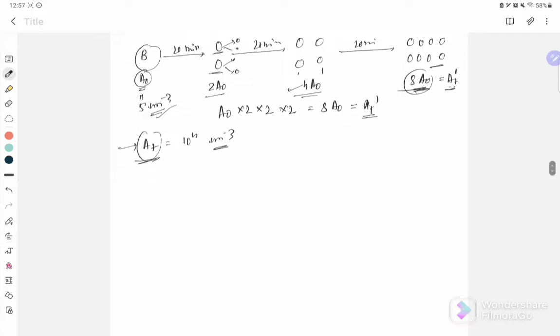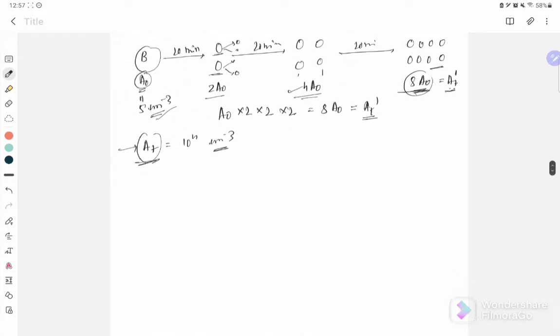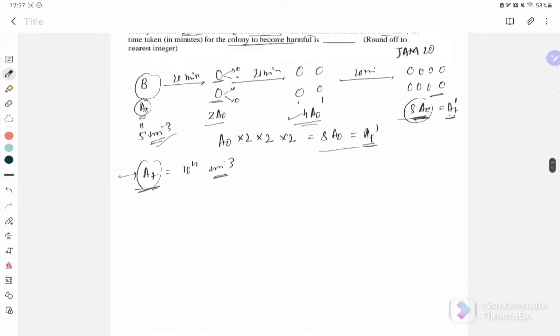So we can produce a general formula: AT at any time will be A0 into 2 to the power n. This is our general formula.